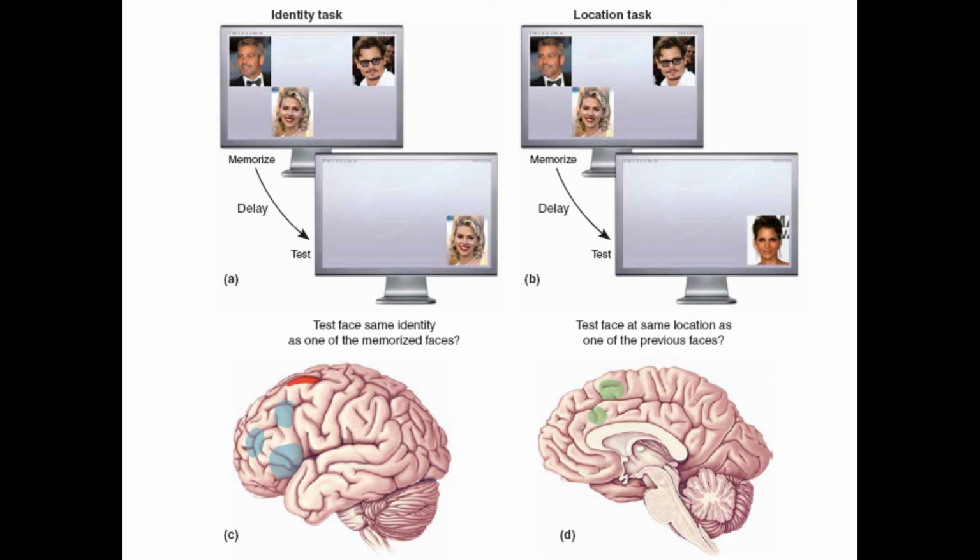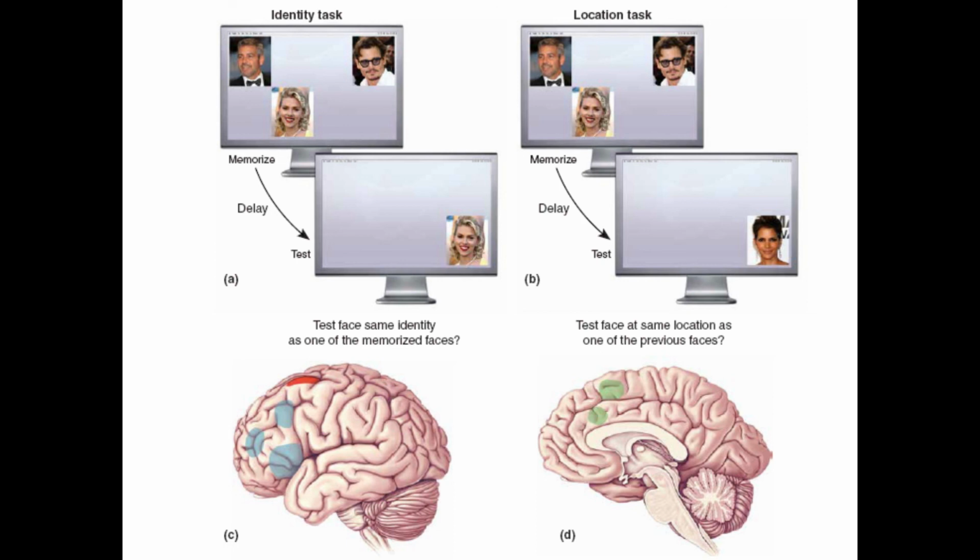And then this image is showing also a short-term memory task, working memory task. So on the first one, A, you look at faces, and you have to remember if one of the faces that appears on the test screen was present in the first screen.